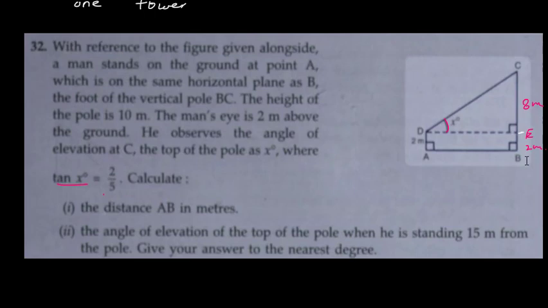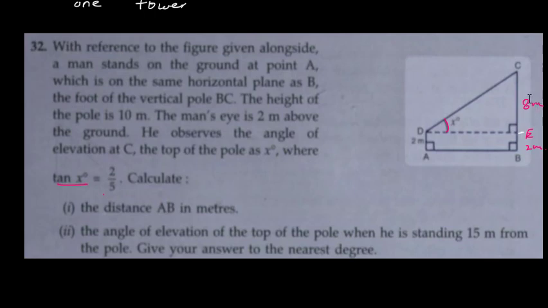Then the second part is the angle of elevation of the top of the pole when he is standing 15 meter from the pole. Now the man has moved to 15 meter from this pole. That means this distance AB is now changed to 15 meter, so DE is 15 meter, and EC is already 8 meter given.